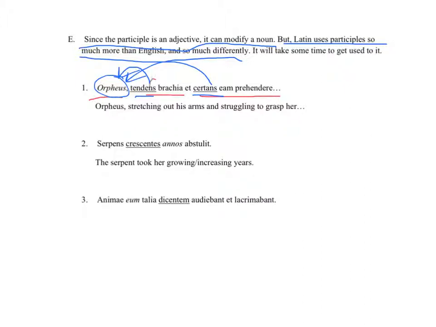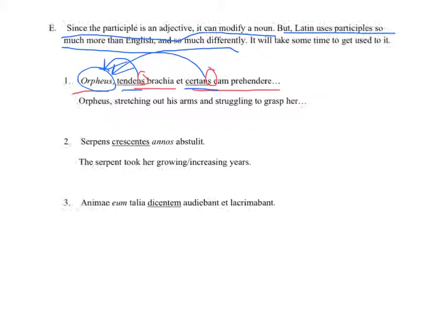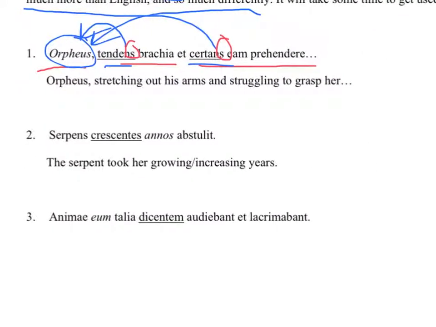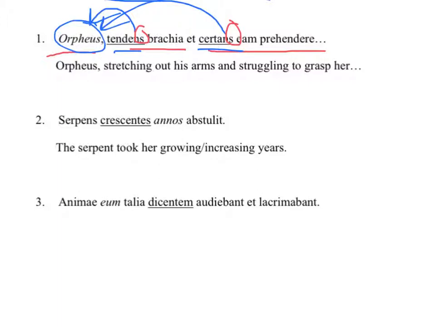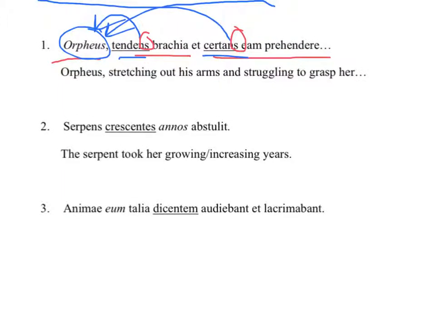Note that it ends in ns, so it's a nominative singular. Those are adjectives that modify the noun Orpheus. So you can tell, since Orpheus happens to be male, that tendens and curtans are nominative, singular, and masculine.